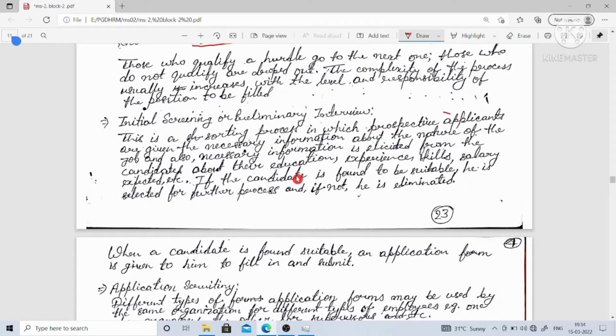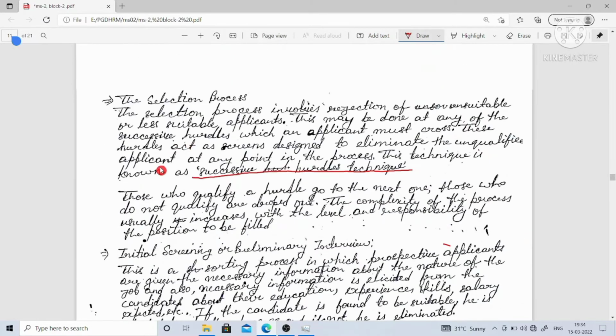Initial screening or preliminary interviews. You see here, first it is the selection process, the successive hurdle technique I explained, then initial screening or preliminary interview. So these all things are related to the selection process.